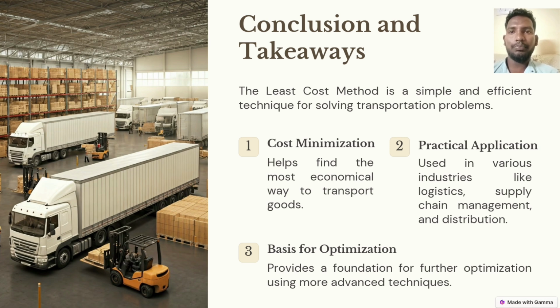Second one, practical applications: it is used in various industries like logistics, supply chain management and distribution. Third one, basis for optimization: it provides a foundation for further optimization using more advanced techniques to improve companies or industries. This is the conclusion.